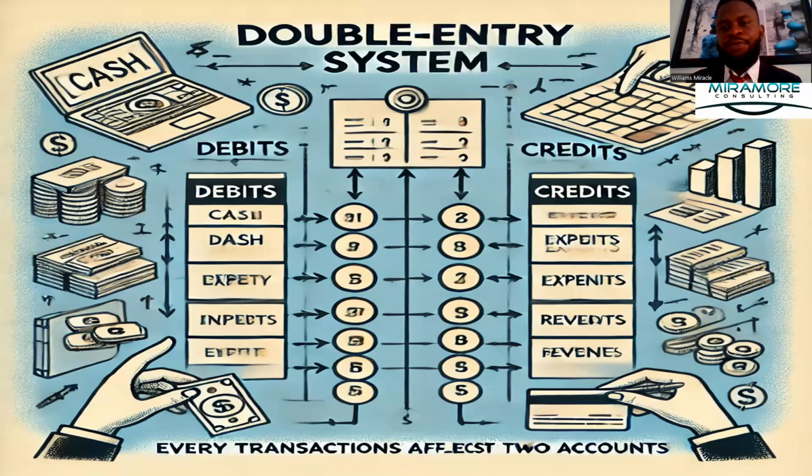Let me give you an example. Take, for instance, when a business buys inventory, it not only records the increase in inventory, but also the decrease in cash or the increase in accounts payable. This is a dual effect, and this dual effect keeps everything in check.